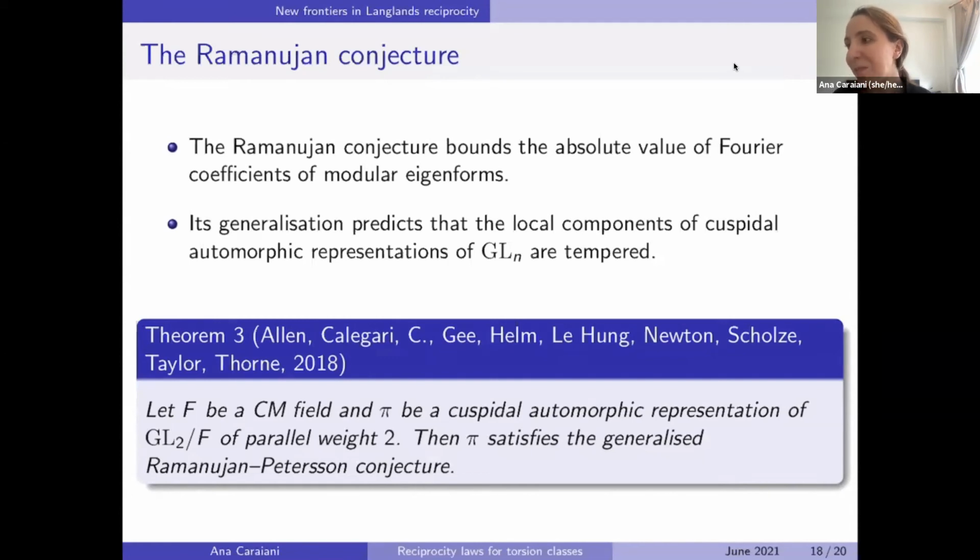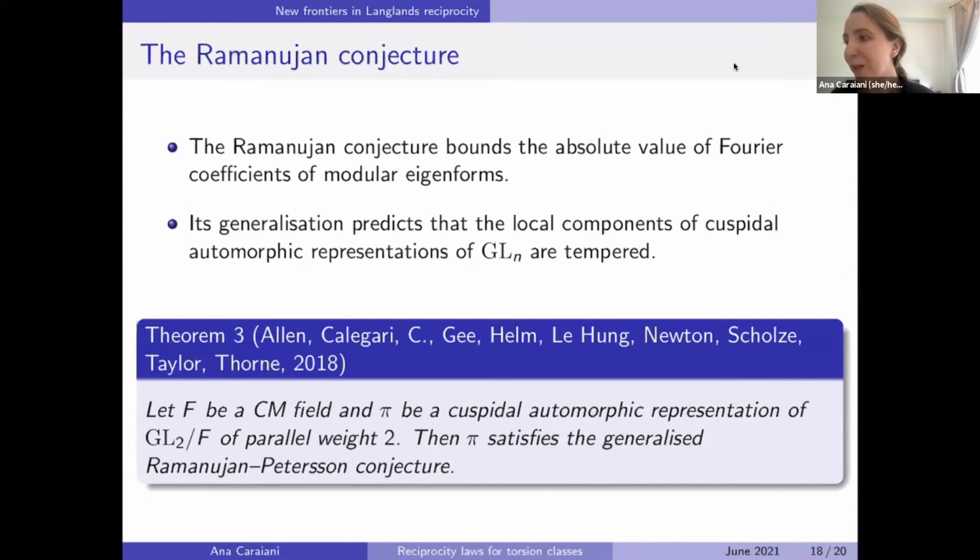In that setting, it predicts that the local components of cuspidal automorphic representations of GL_N are tempered. Temperedness means that the matrix coefficients of the representation are in L^{2+epsilon} for every positive epsilon. So it's this kind of analytic condition.